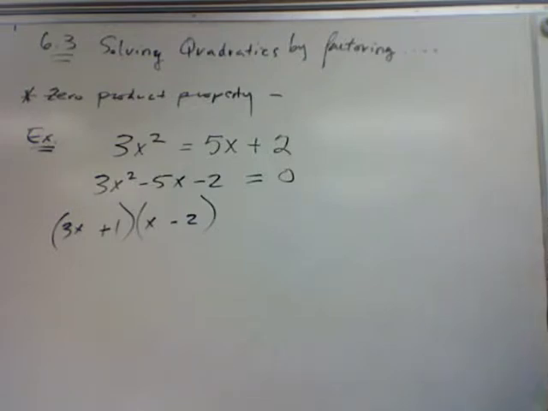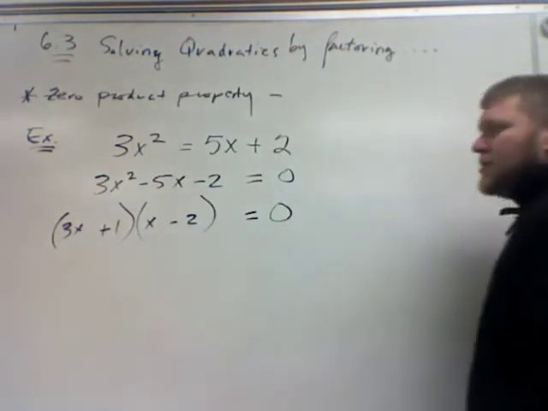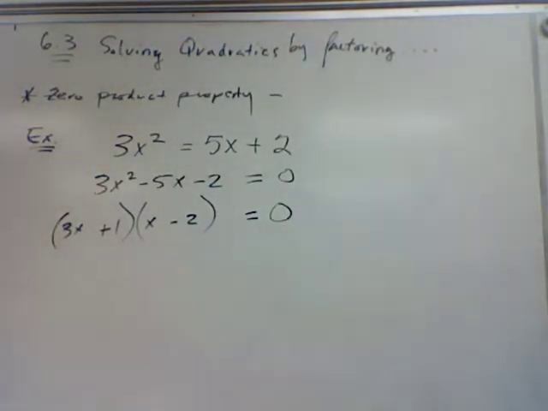That's just practice on factoring. That's how I get to be that quick, I guess. And you guys all should know the long method of factoring. So we factored it, and now we're going to kick in the zero product property.